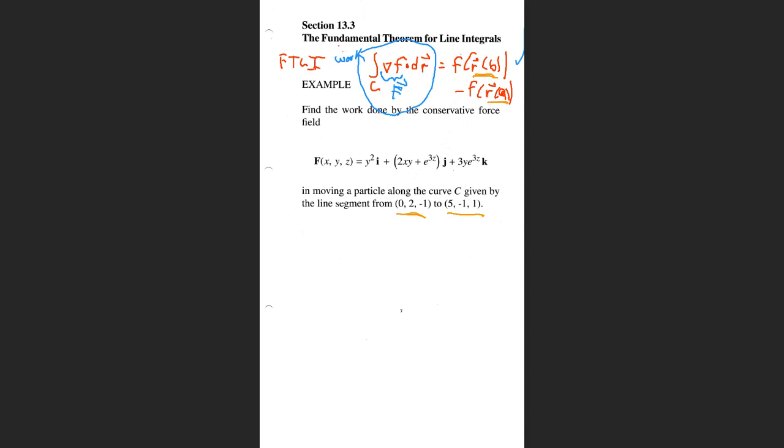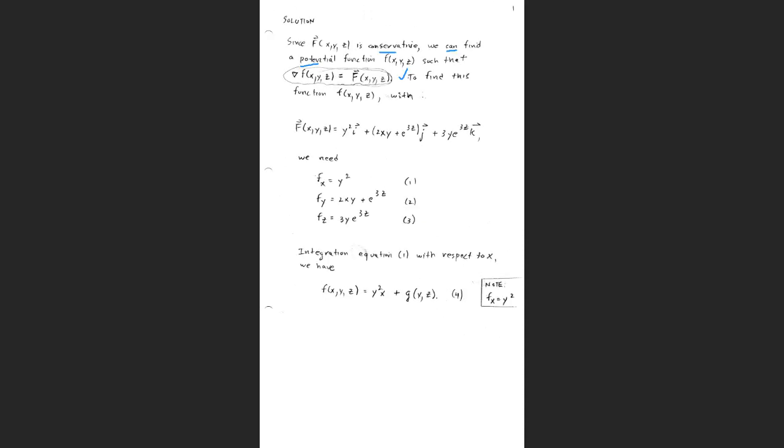Okay, here we go. We have to make use of this equation: the gradient of our potential function equals the vector field. How is the gradient of a function defined?